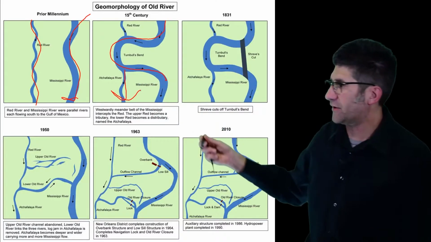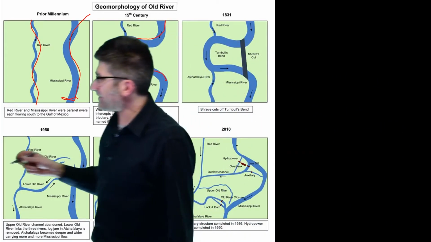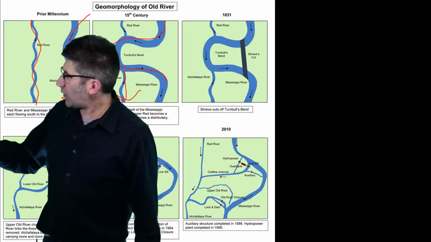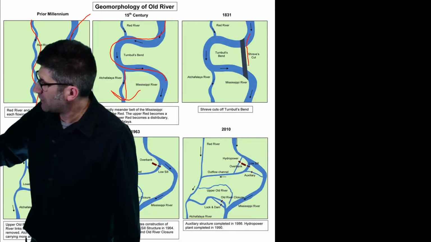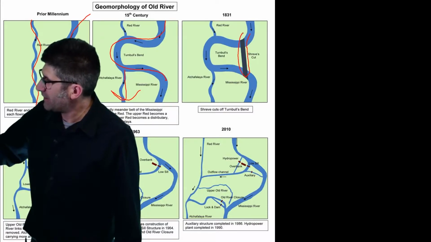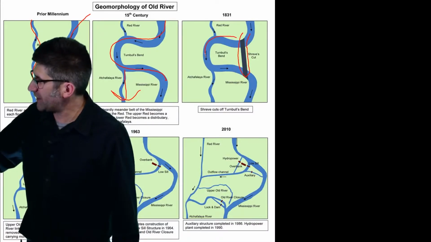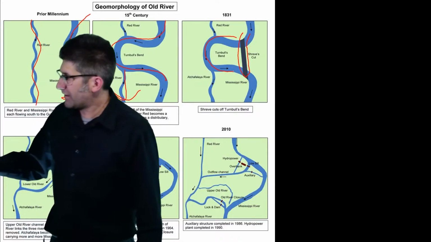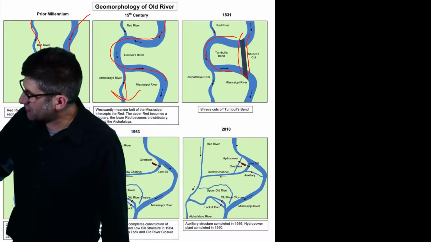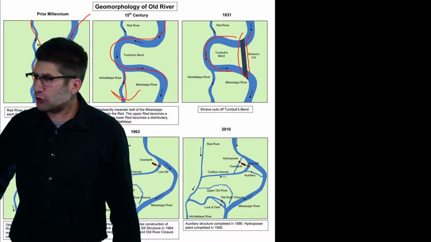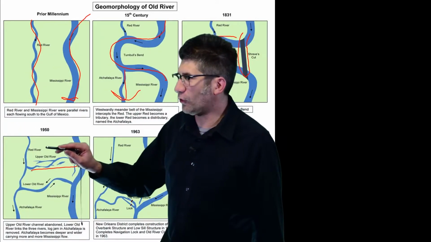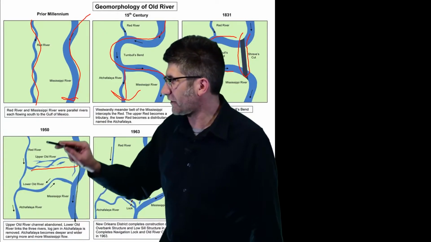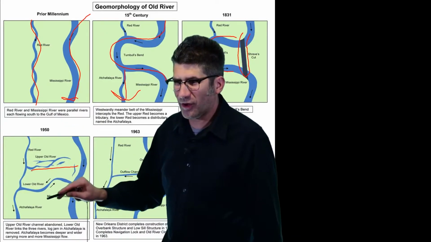In 1881, there was a cutoff meander called Shreve's Cut that cut off this big meander bend right here. And so by the 1950s, essentially, you've got 2 old river channels. One here called Old River, and then one down here, Upper Old River and Lower Old River.